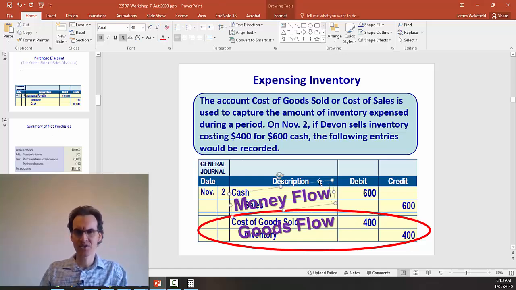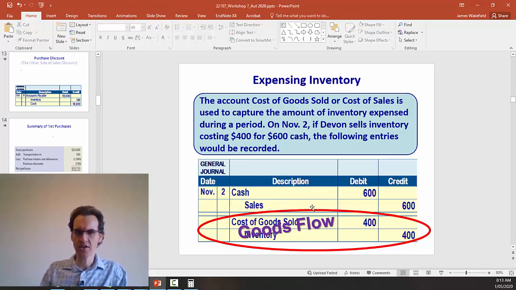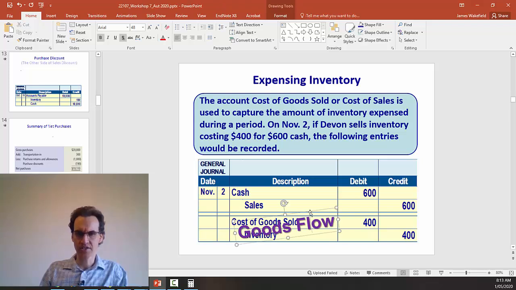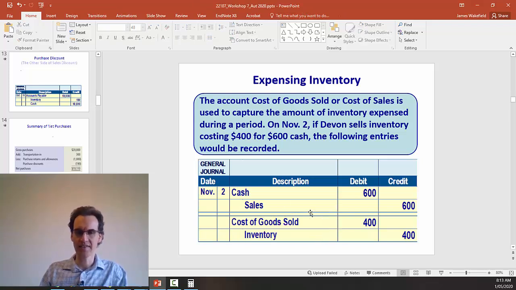So let's have a look more closely at this single transaction. On November 2, Devon sells inventory costing $400 for $600 cash. So what do we record? Well, the first thing is the money flow.